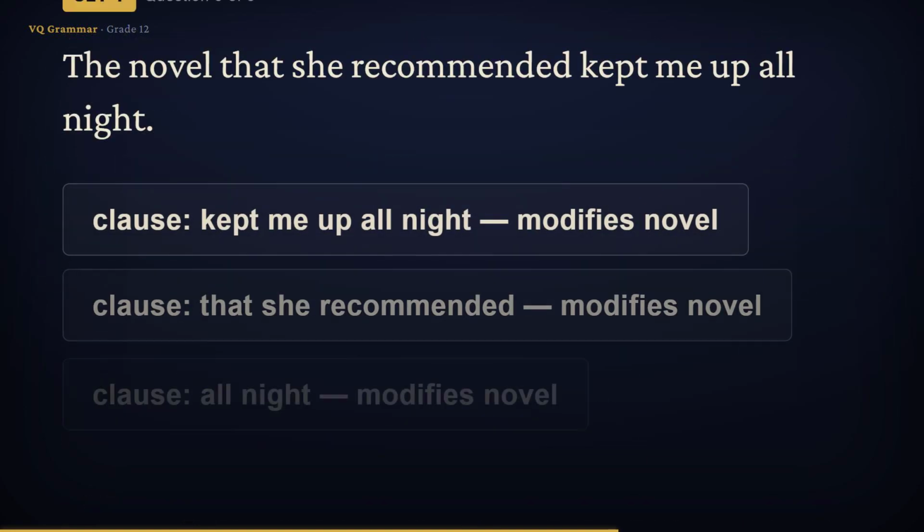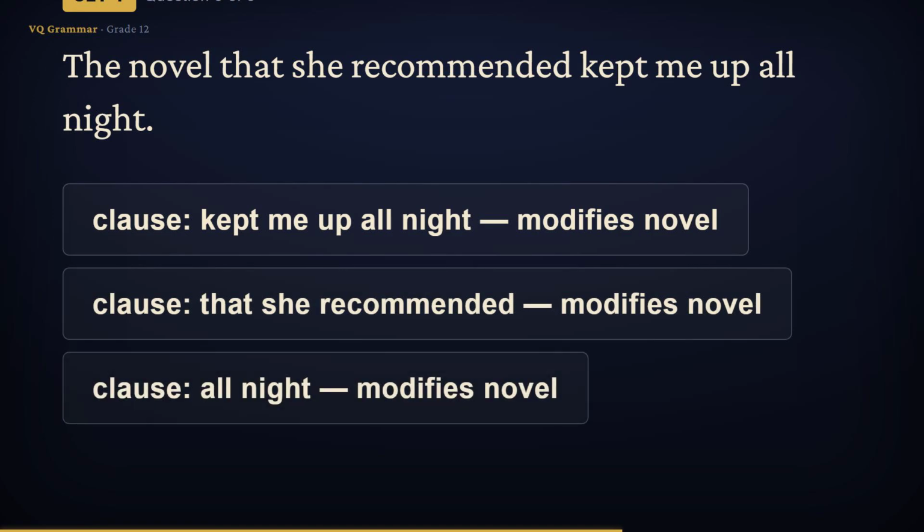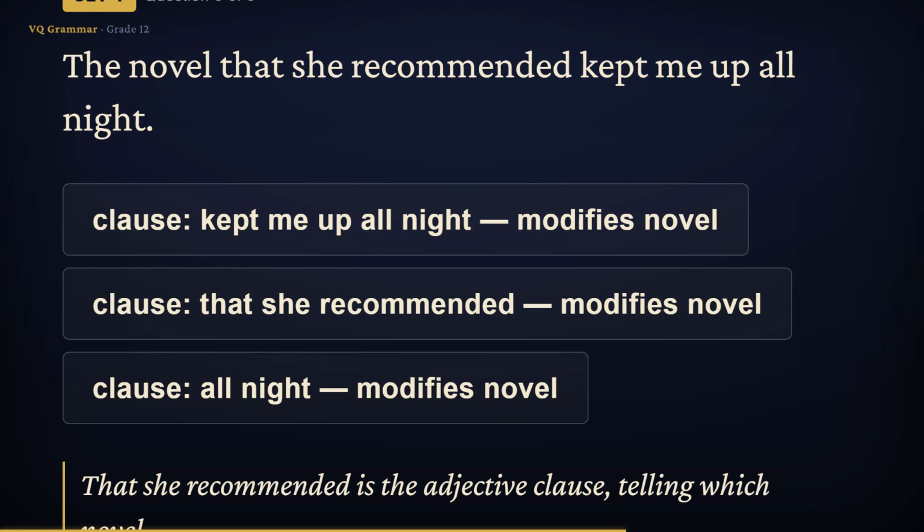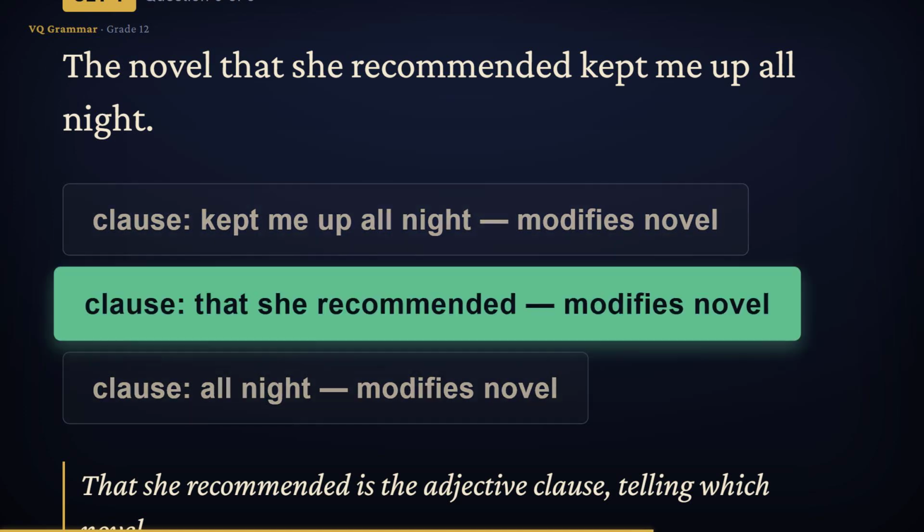The novel that she recommended kept me up all night. Look for the relative pronoun. There's that, opening the clause that she recommended. Which noun does it describe? The novel. It tells us which novel kept me up. So the adjective clause is that she recommended, and it modifies the noun novel.